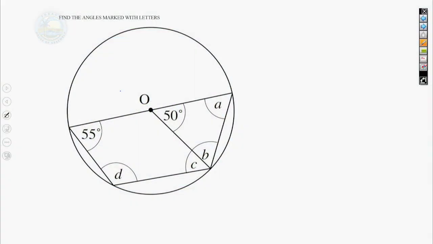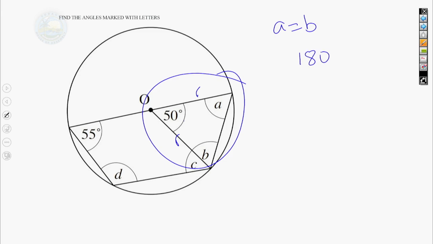What about this one? Here we go again. What shape is this? That's an isosceles triangle. So if here is 50, and these are the radii, it means that A will be equal to B because the base angles are equal. And how much will that be? Well, 50 from 180 gives us 130.